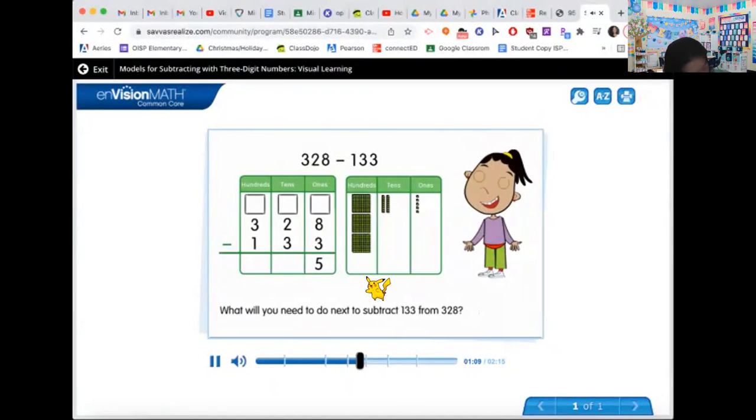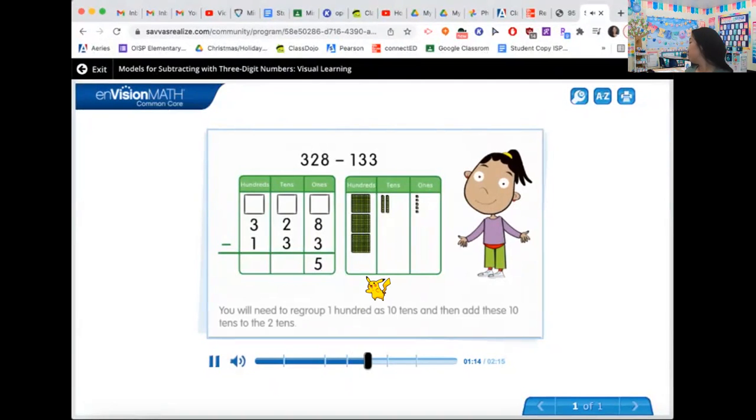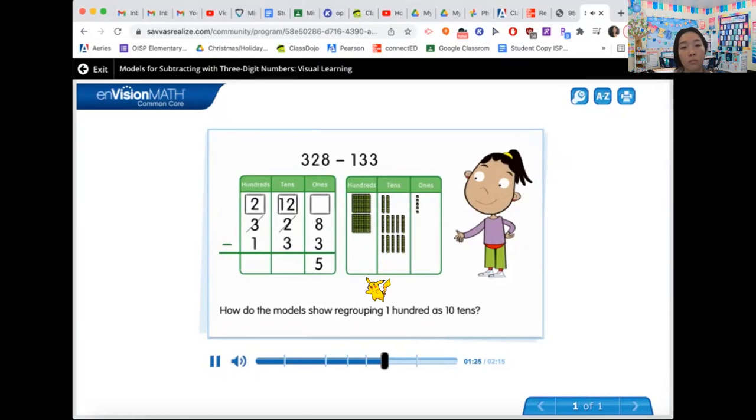What will you need to do next to subtract 133 from 328? You will need to regroup 100 as 10 tens and then add these 10 tens to the 2 tens. How do the models show regrouping 100 as 10 tens?